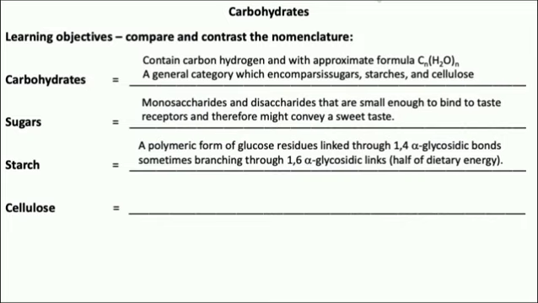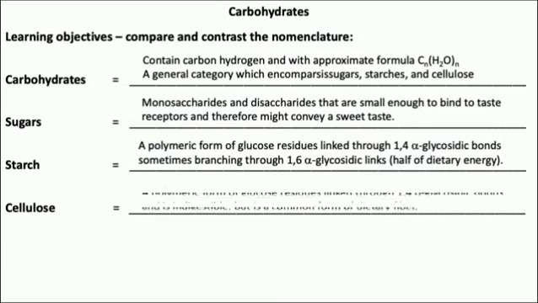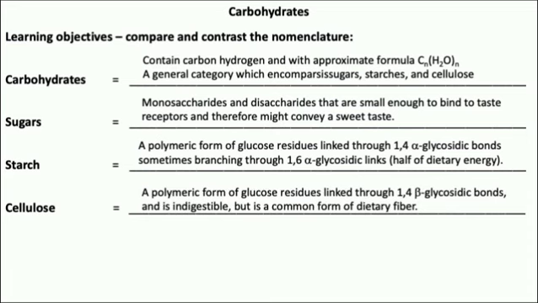They are polymers of specifically glucose. And we'll talk shortly how those glucose molecules are linked in 1,4 alpha-glycosidic bonds, and there are occasional branch points through 1,6 alpha-glycosidic bonds. And again, this is half of all dietary energy.